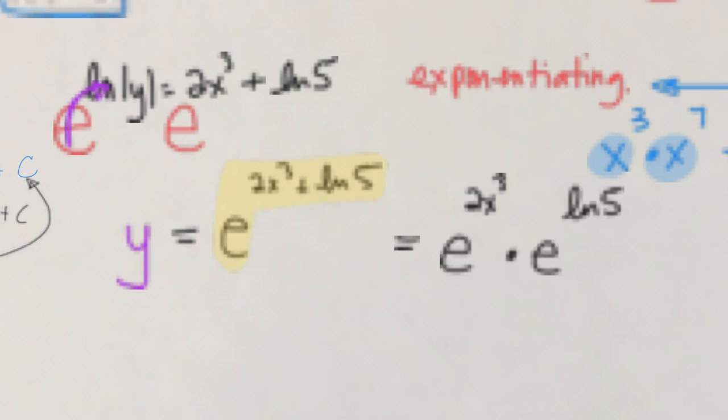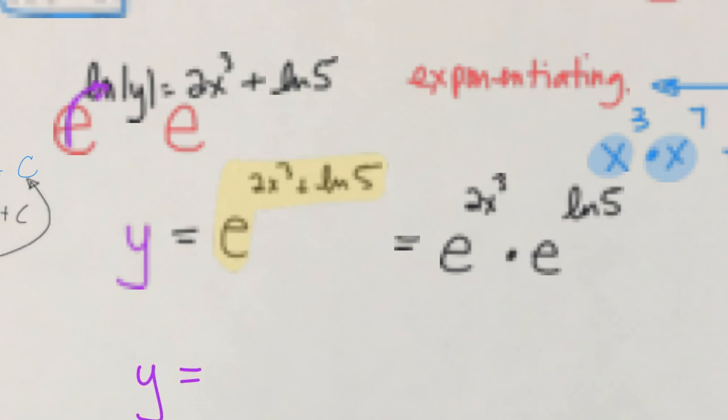I'm using that property of exponents that says if I have an addition in my exponent, I can change that into multiplication of multiple bases. So if I had 3 things added together in here, I would have 3 bases multiplied together.